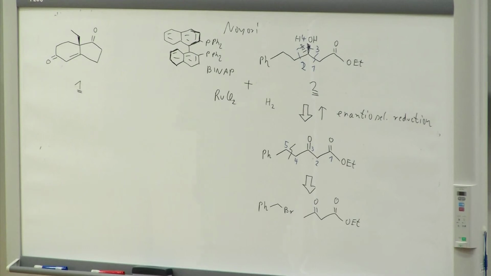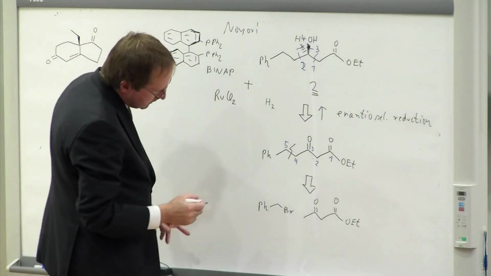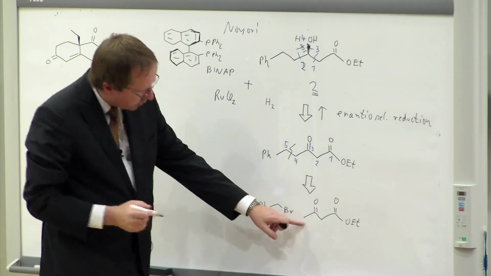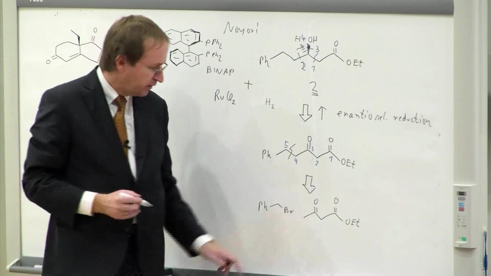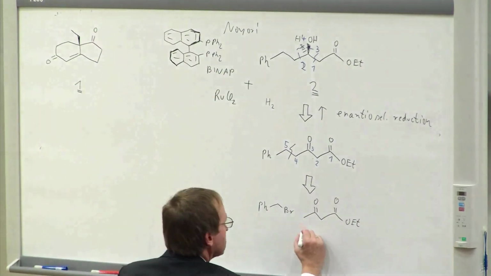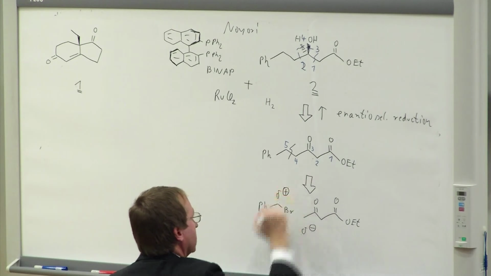How? Well, what you need is, this is an electrophile and you need a nucleophilic position here. So you need a carbanion in this position, somehow a delta minus because we have a delta plus here.